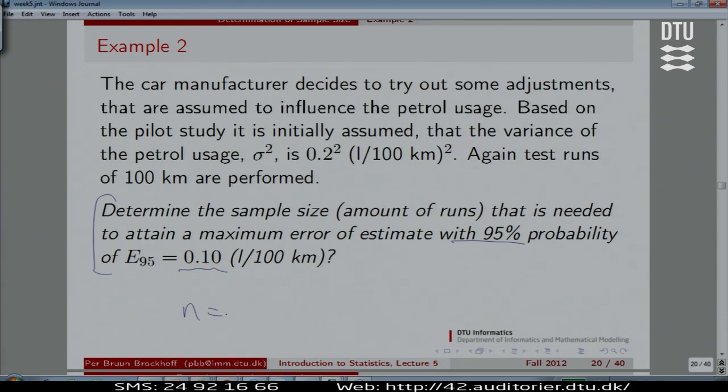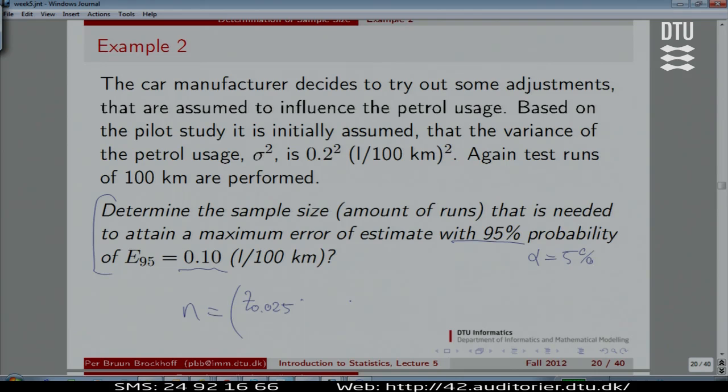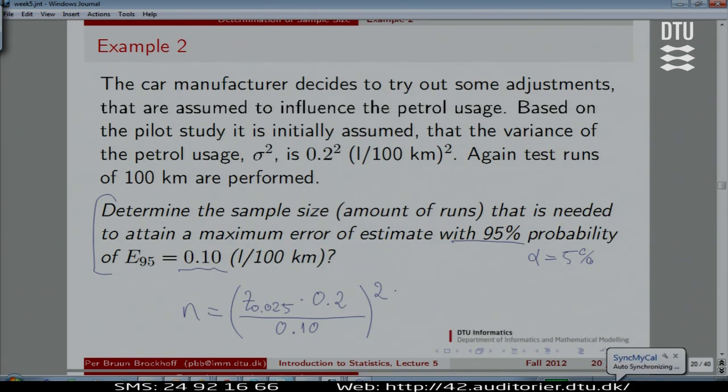Then we take z_0.025, because we use, again, alpha 5%. We should multiply by the standard deviation divided by E, the required E, the maximal error. So we agree that this is the formula that I just had.